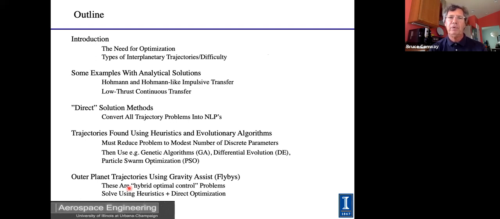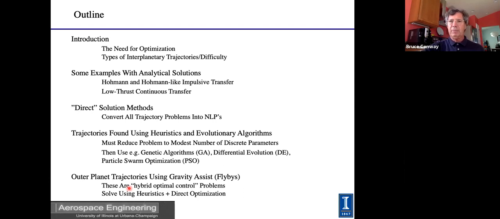And I'll give you a couple of examples of cases where analytical solutions are actually available. And then we'll talk about the more interesting case where the analytical solution is not possible and we have to use some more sophisticated methods to find trajectories. These are methods that have mostly been developed since about the 1980s.